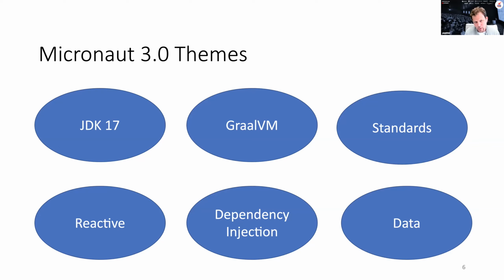Another major theme of Micronaut 3 was dependency injection, which is linked to the standardization efforts. So we significantly enhanced and improved the dependency injection capabilities that Micronaut includes, with features like broad support for generic type injection, support for more cases of interception, so you can intercept constructors and post-construct and pre-destroy methods, we broadened the support for qualifiers so that you can have multiple different qualifiers.